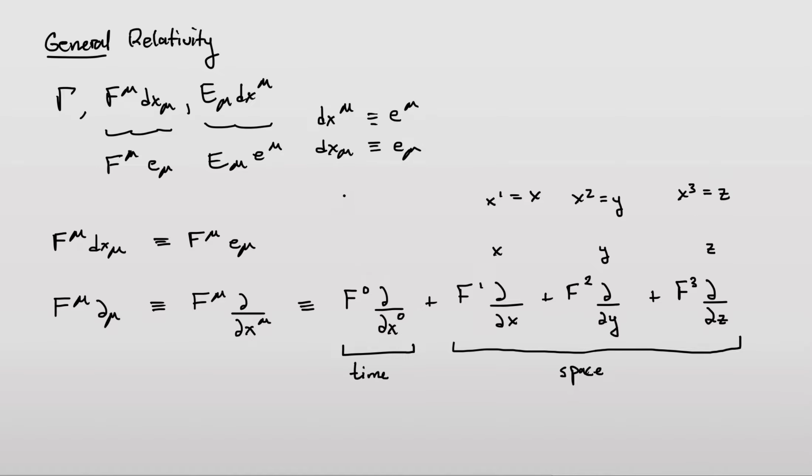And then x0 would be equal to t. So we can actually put a t right here. This is just a different notation. This here just summarizes all of this into a very short and concise one-liner. And whenever we see the mu's here, we're summing over them like this.